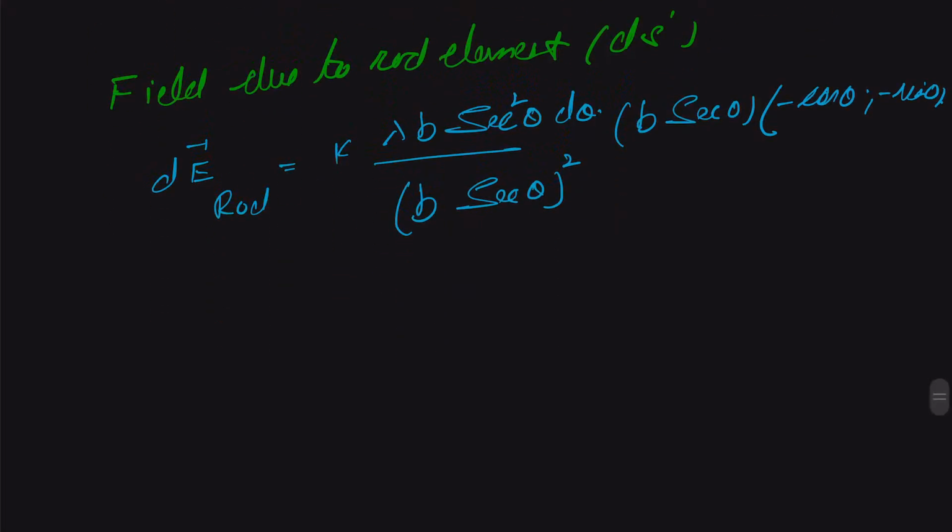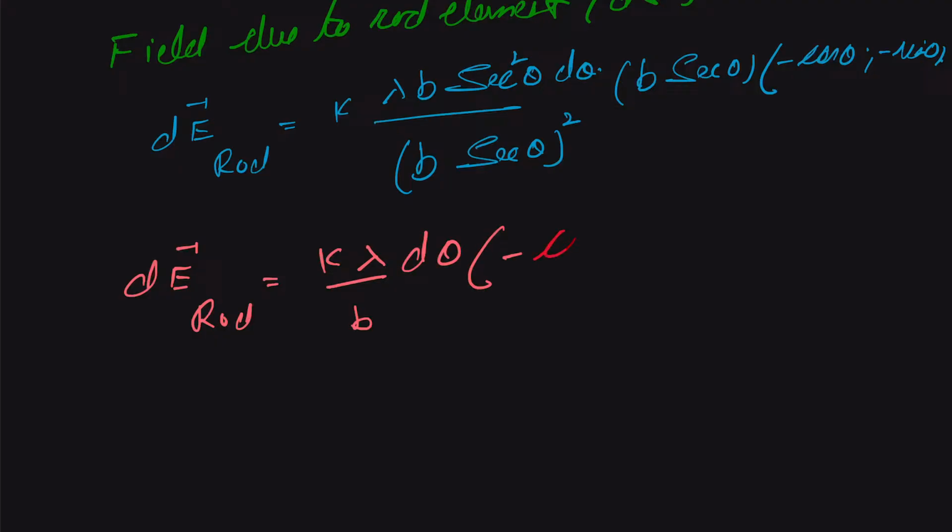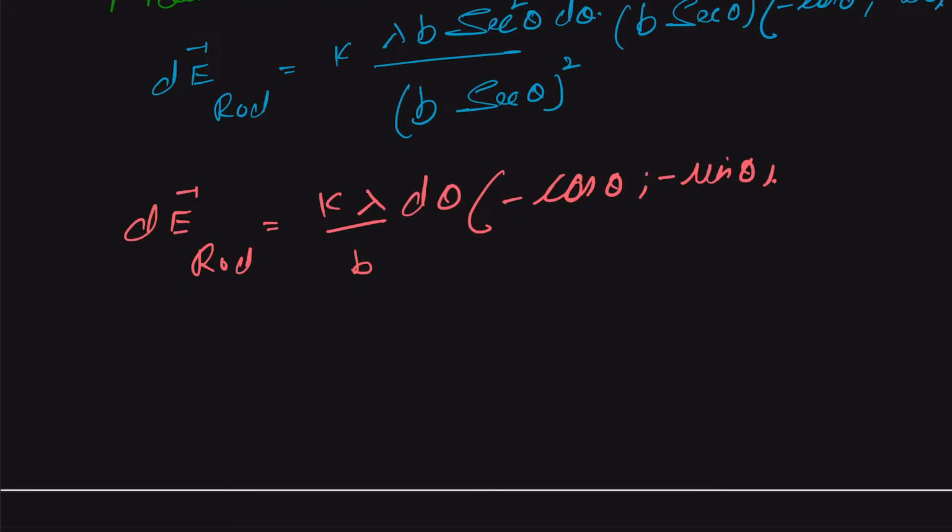And if we simplify it, we are going to get that our electric field due to rod will be equal to k lambda upon b d theta, minus cos of theta and minus sine of theta. Okay. And we have found out the electric field due to our arc.